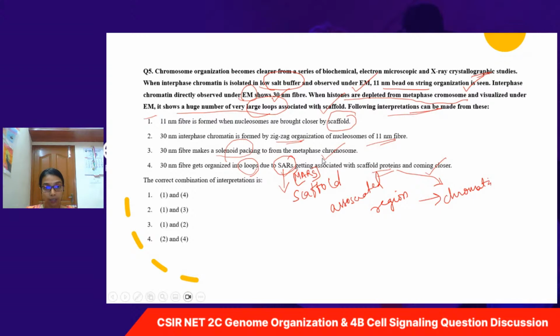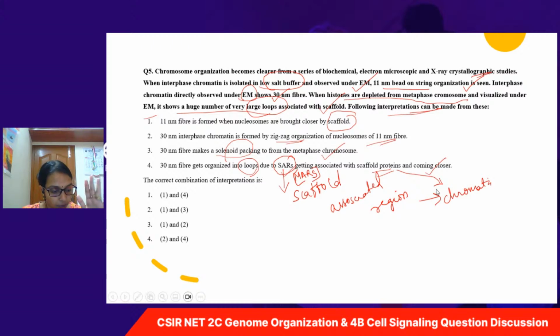For the past 40 minutes, I have been discussing genome organization only, so something might be there for you to reconnect with this question. Okay, I can see 3, 4, 2. 4, again 4.